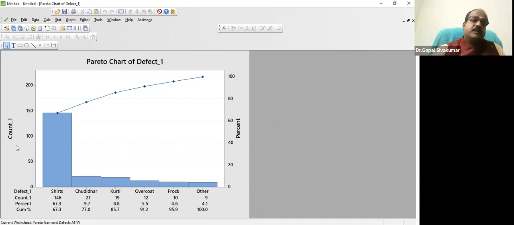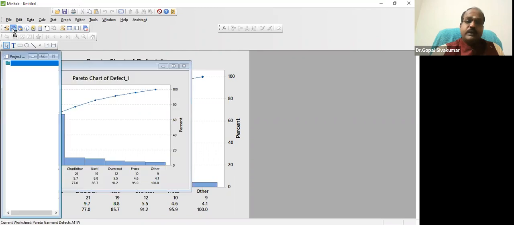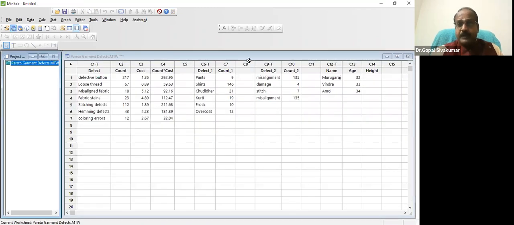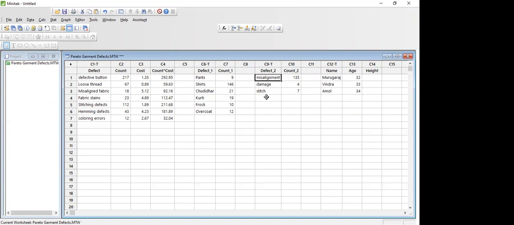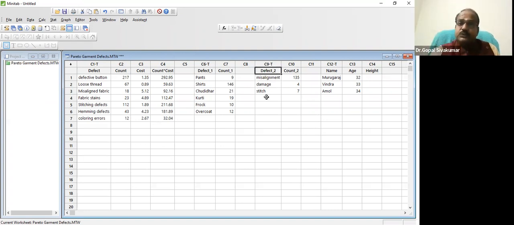My team is able to get me the data, and the split up of 146 is given here. Can you all read here? Misalignment, damage, stitch. Okay, there are 3 types of issues related to the defective buttons within the shirt section.